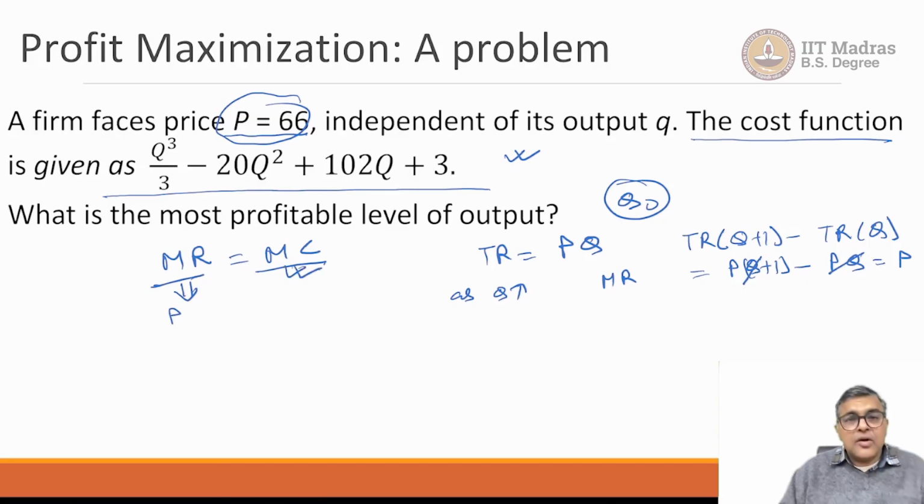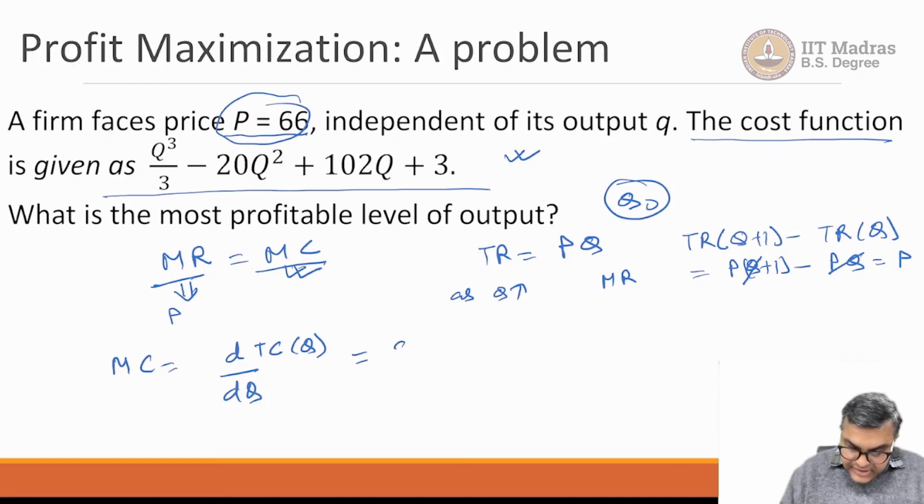How about marginal cost? How to obtain marginal cost? Of course there are two ways. One, we vary total cost by 1 unit, but here we are allowing continuous change, and as you have already done calculus in your first year, you should be able to obtain marginal cost as nothing but the rate of change in total cost, which we had talked about earlier, with respect to Q, and so this is what we have to obtain.